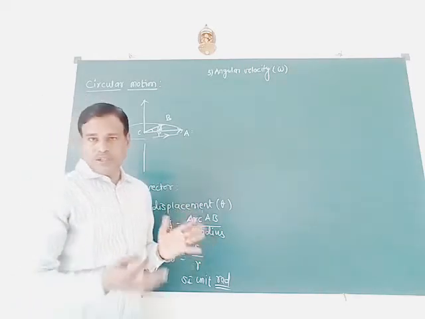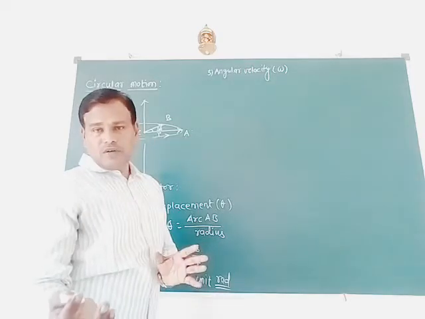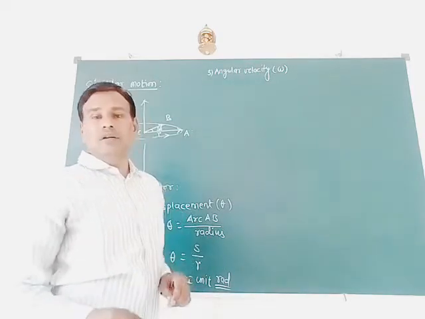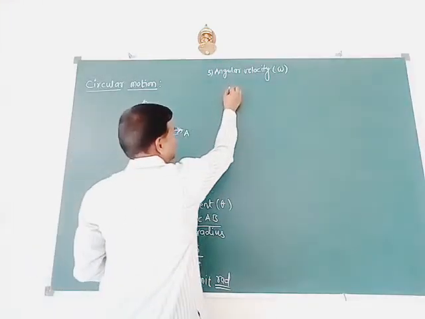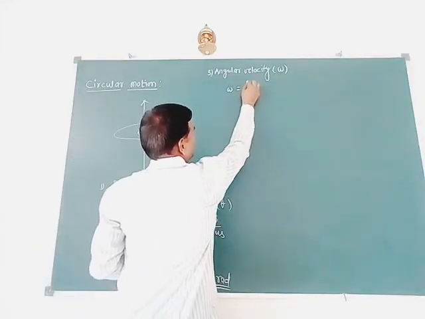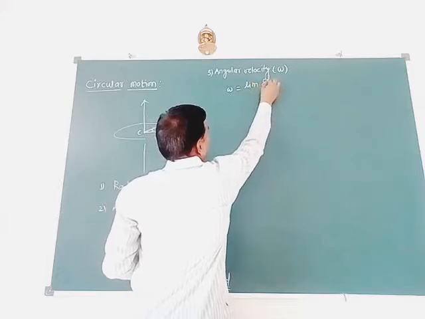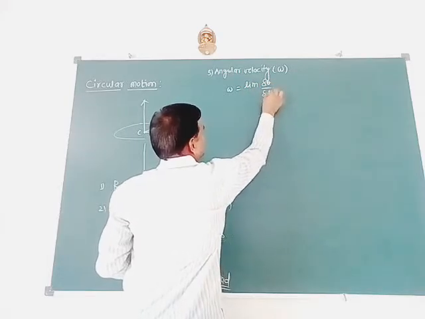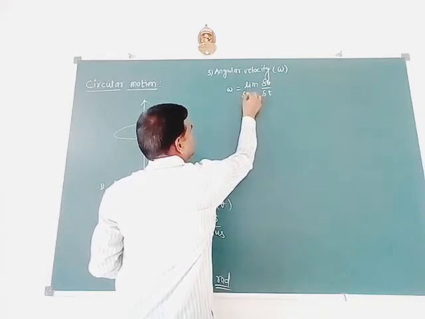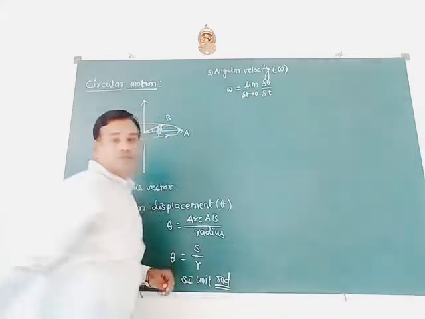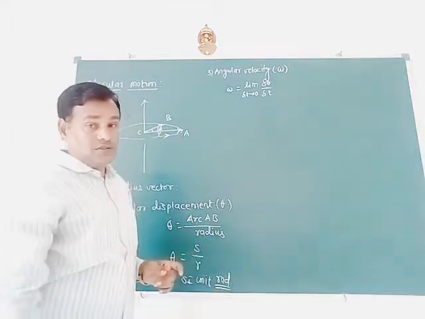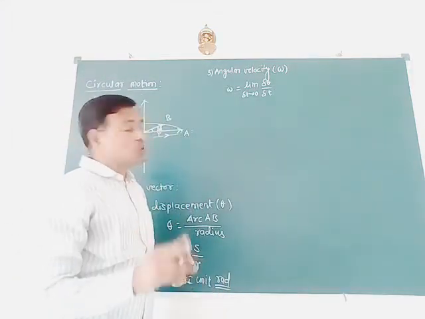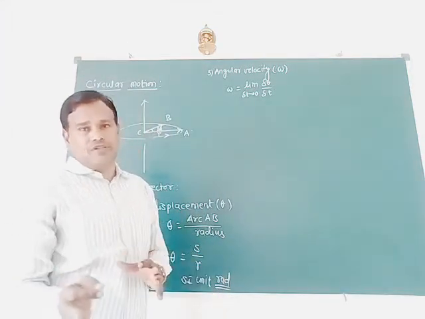In other words, change in angular displacement per unit time is called angular velocity. So angular velocity can be written as the limit of delta theta by delta t as delta t tends to 0. Actually this is called instantaneous angular velocity.